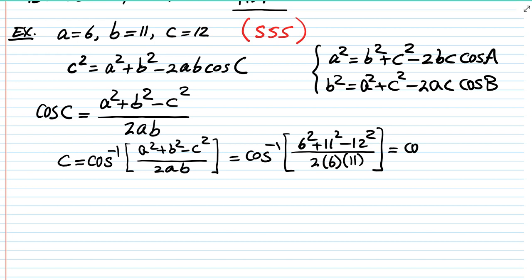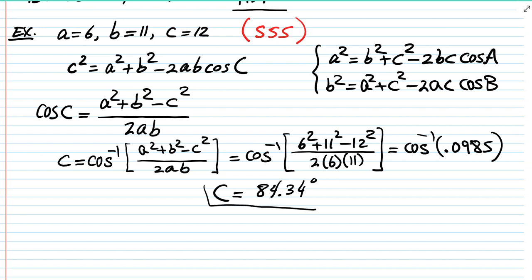And this will give me the arc cosine of 0.0985, which is what the whole content within the bracket would be, and arc cosine of that is going to be 84.34 degrees. Okay, so that's the measure of angle C.